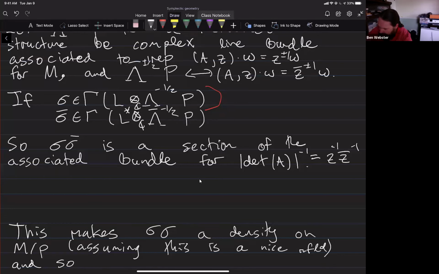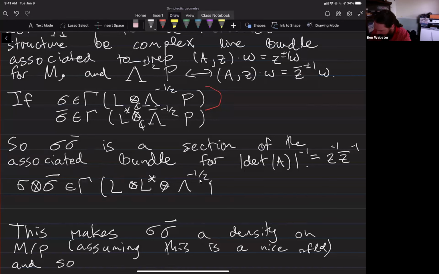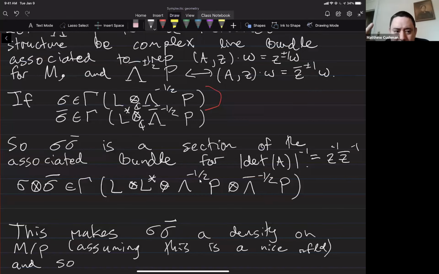I mean that I think about the section sigma tensor sigma bar in sections of L tensor L bar, this half-form bundle tensor its conjugate. So you tensor the two line bundles together first, and then you get an obvious section of that.